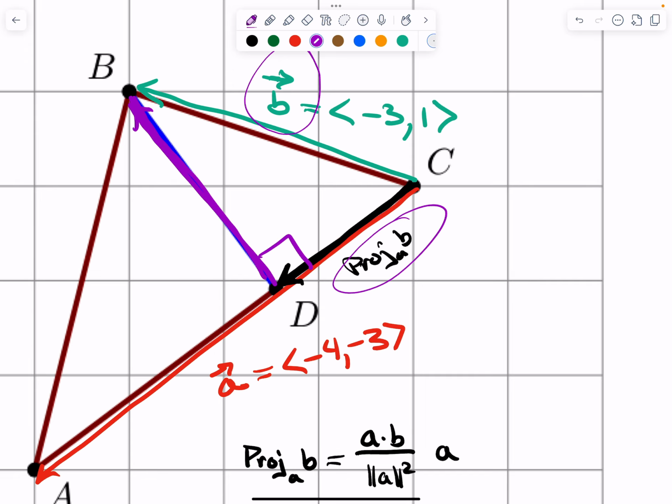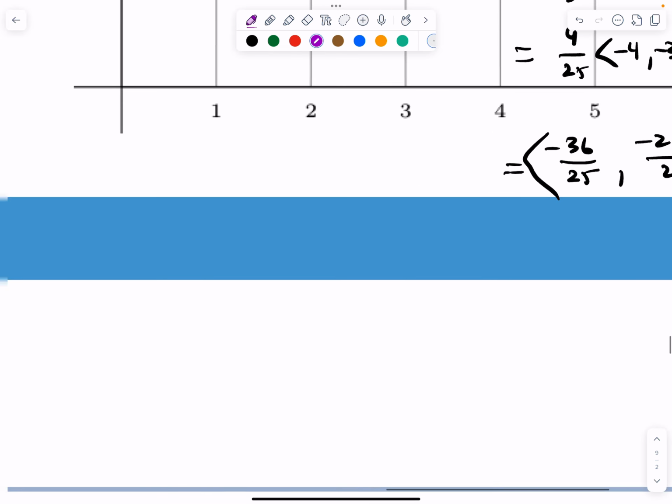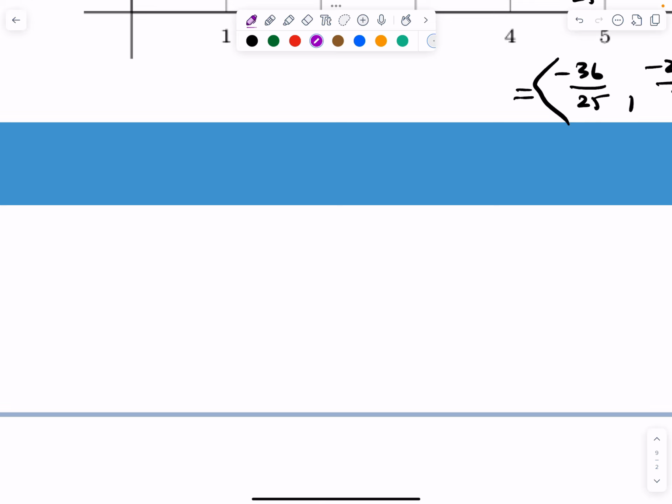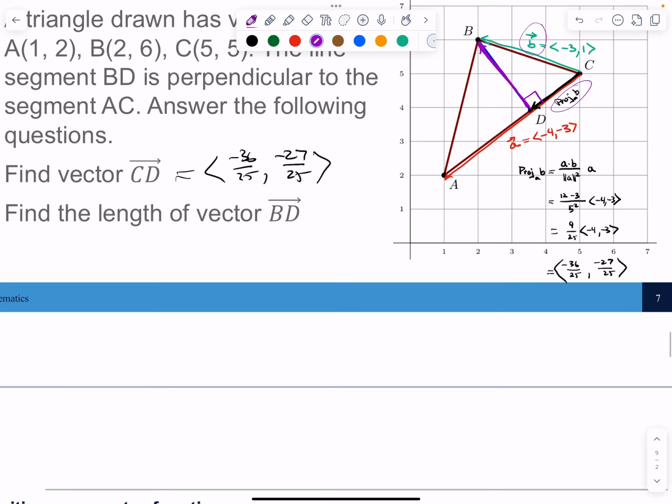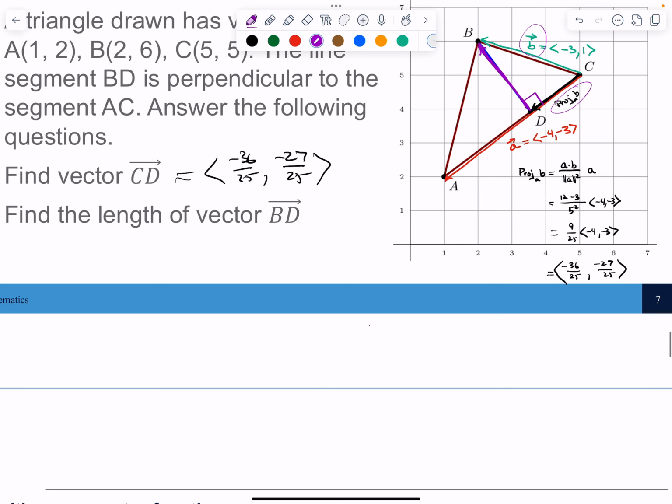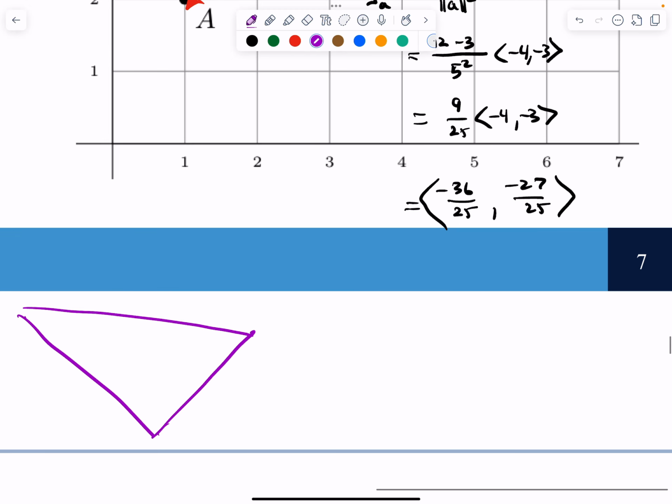So this projection will be one side of that triangle. Let me draw it down here. Let's see, can I redraw this in approximately the same orientation? Good enough. Okay, so this projection is this thing.